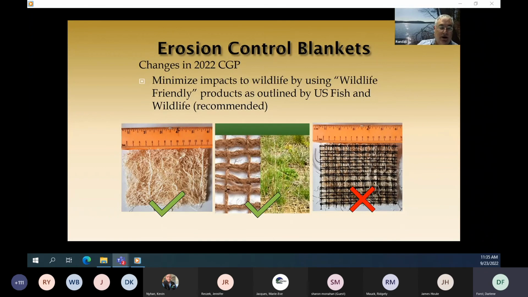You can see on the photo on the left, that's a wood fiber erosion control blanket with a cotton or string netting. It's very flexible. The netting is not woven together.